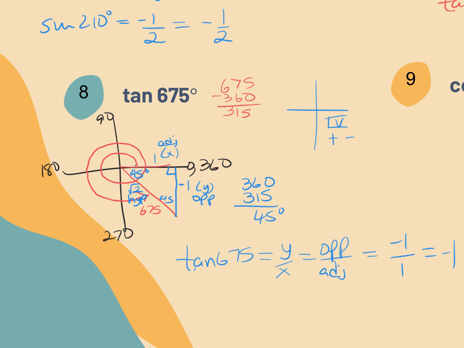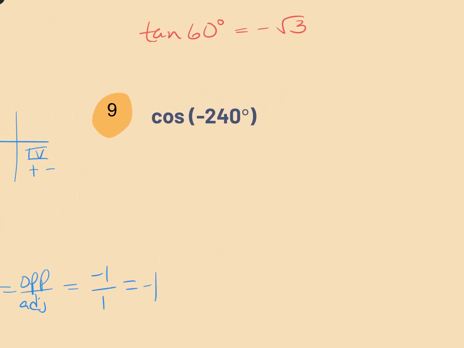Let's try cosine of a negative angle this time. So if I go ahead and graph it this time, I'm going clockwise now. So let me add in the degrees, 90, 0, 360.